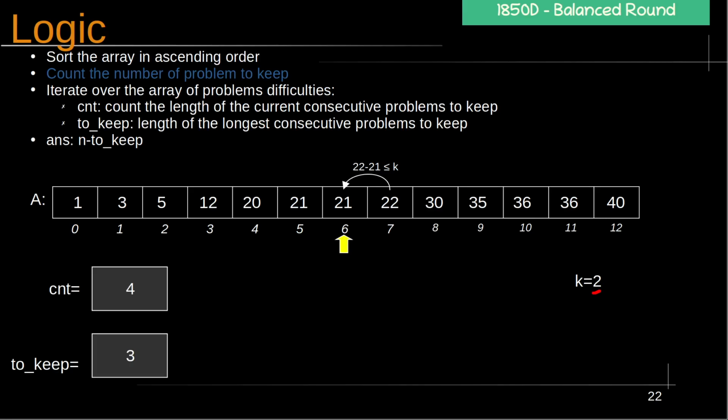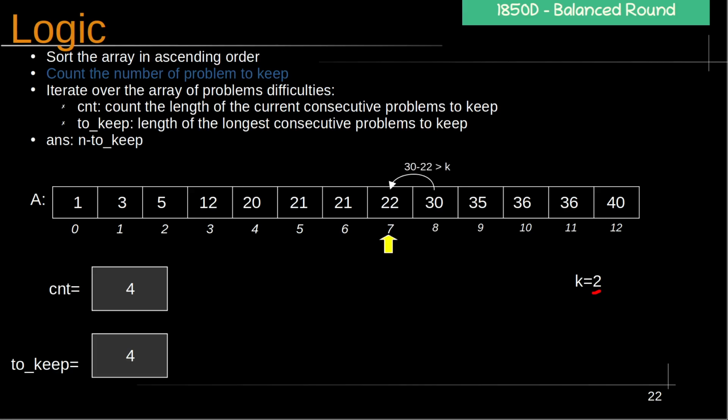So our counter is 4, because we have found a balanced set of length 4: 20, 21, 21, and 22. And we have to update T, because we have found a set of problems longer than the first one found in the first part of this array. So we update T to 4.